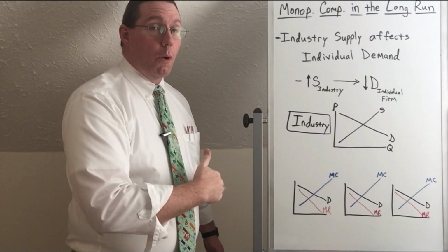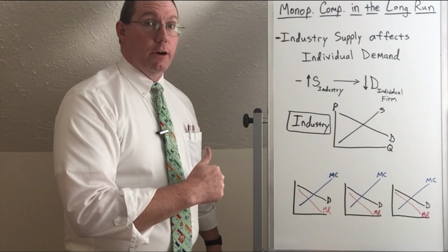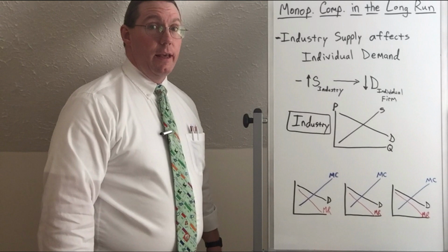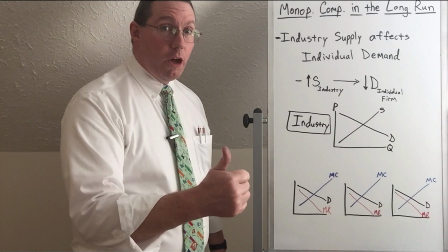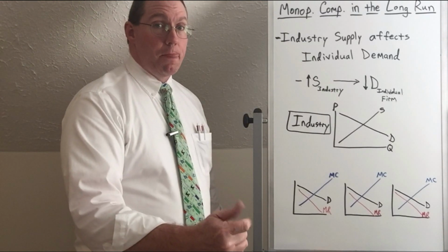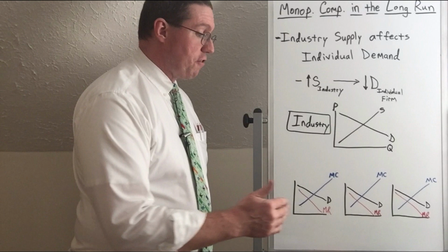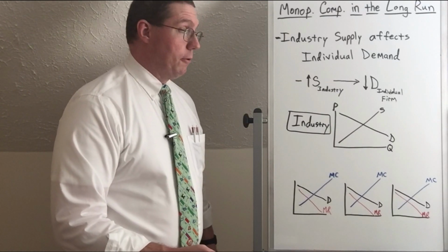Now, we just saw what would happen to the price and the quantity of a monopolistic competitor if their demand goes up or goes down. If demand for their individual product goes up, their quantity goes up and their price goes up. If demand for their product goes down, their demand curve shifts to the left and their price goes down and their quantity goes down, right?